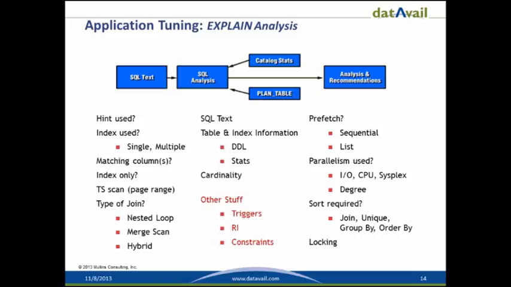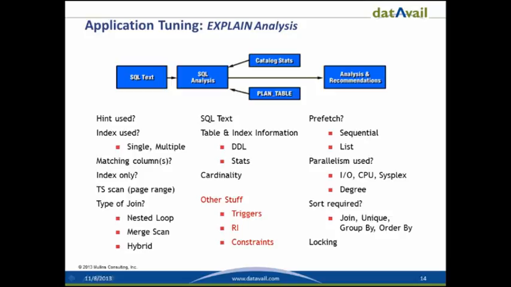The key to doing explain analysis is the stuff that just appeared here in the middle. You need information about the SQL text and about the statistics and about the DDL and the way that the DB2 objects are set up, so that you can then say, here's the statistical information, here's the SQL, and here's what DB2 chose.